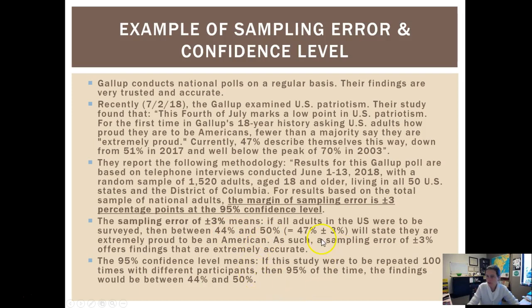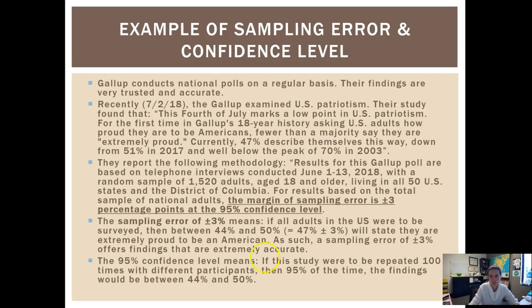So out of the 100 times that we repeat it, only 5 times would our findings be outside of this range. So it means that if we repeat our study over and over again, this shows how consistent our findings would be over the course of all of those repeated studies.